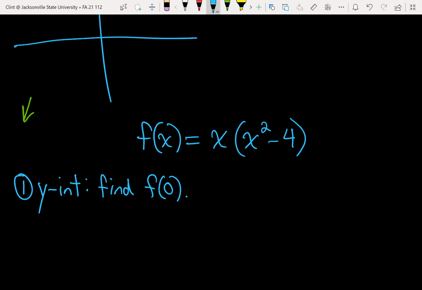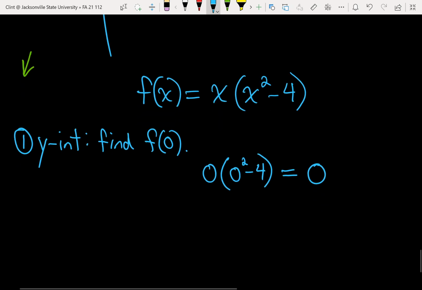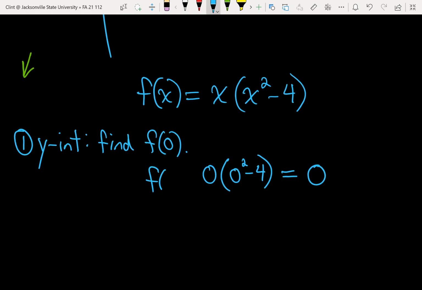So if we do that on this one, what will we get? We'll get 0 times 0 squared minus 4. 0 times anything is 0. So our y-intercept on this one is going to be at the point 0, 0. That makes sense. We find f of 0. So we're plugging in 0 for x. We get out 0 for y.